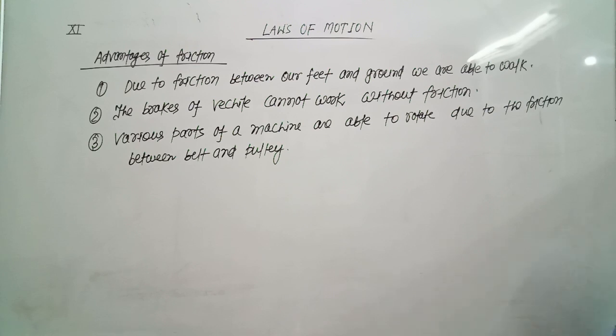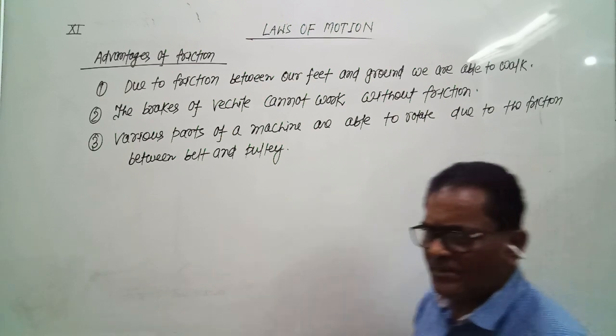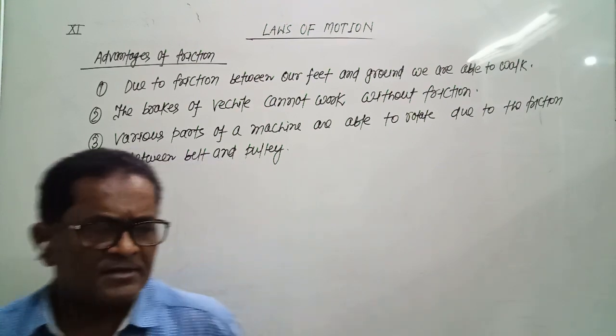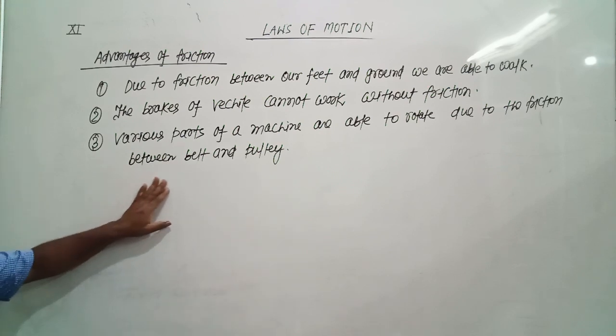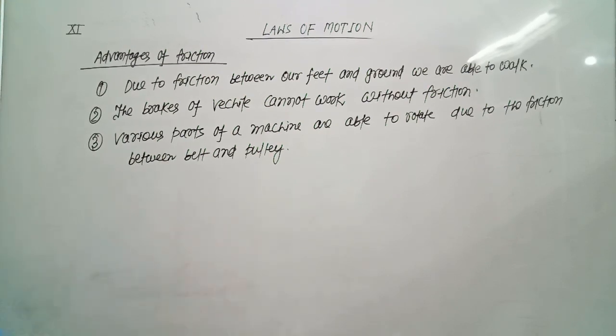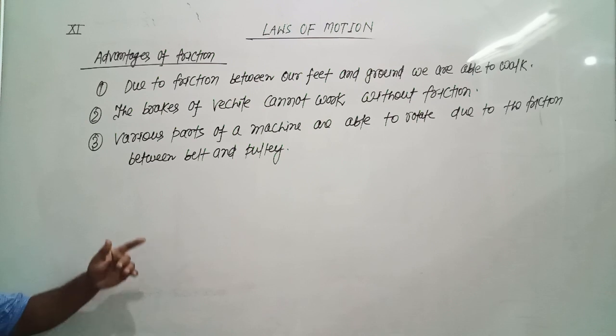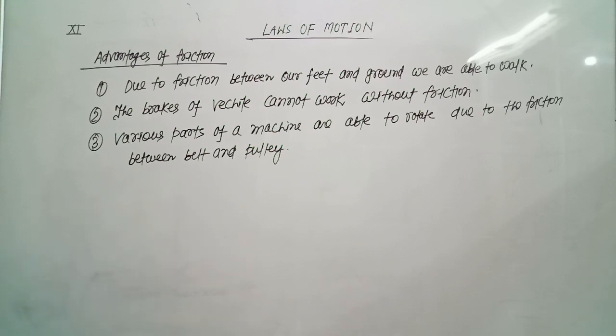So the first advantage is walking is possible due to friction. Second is brakes of a vehicle work due to friction, and they cannot work without friction. Third is various parts of a machine are able to rotate due to the friction between belt and pulley.